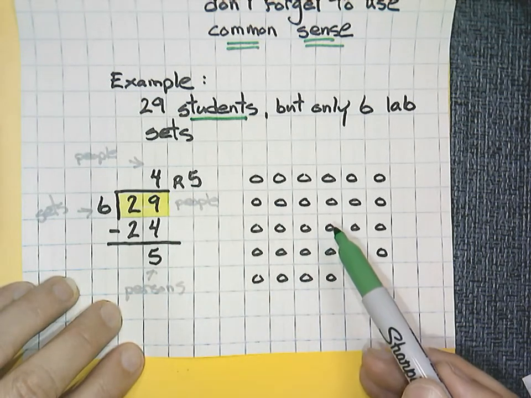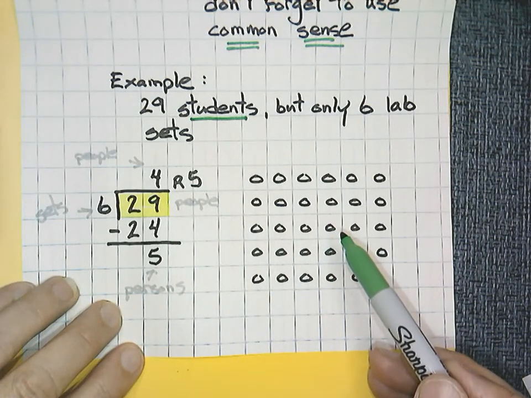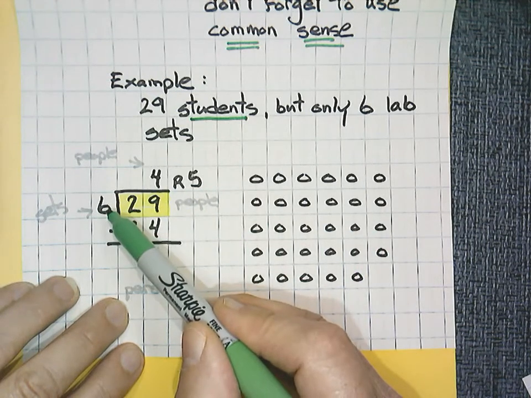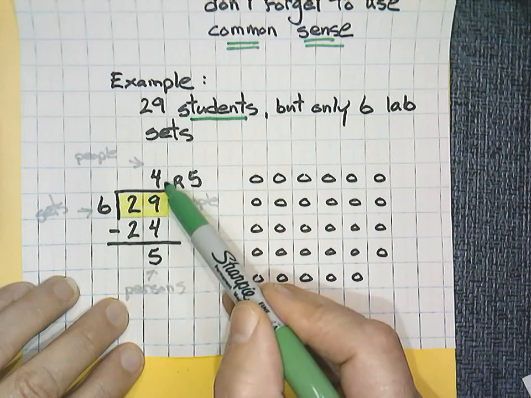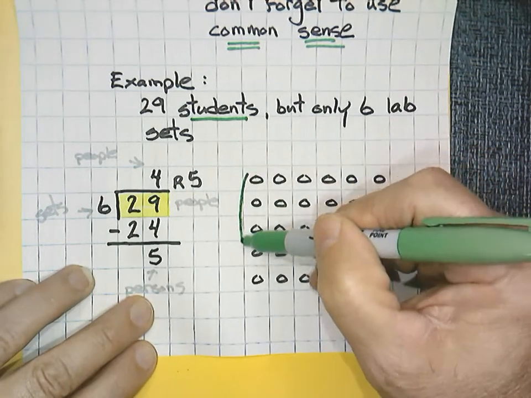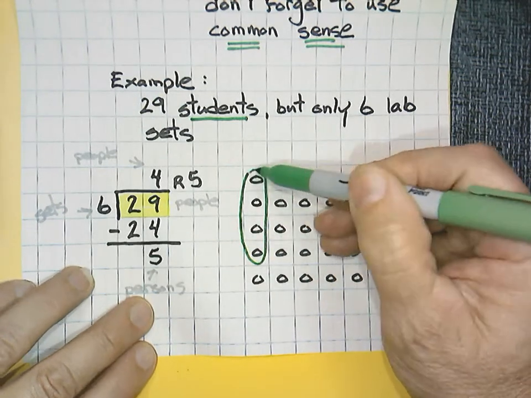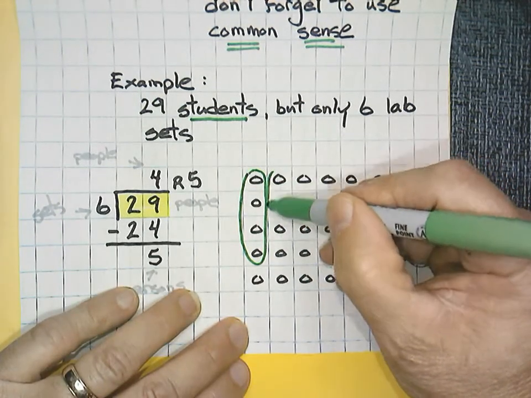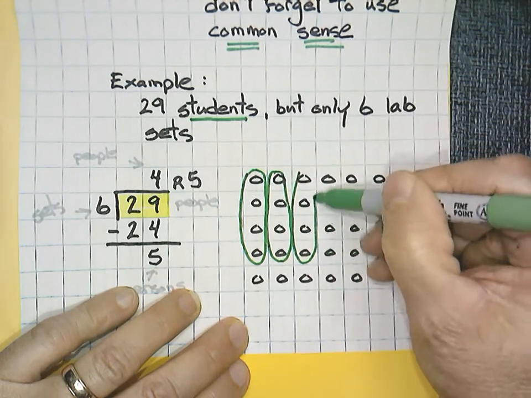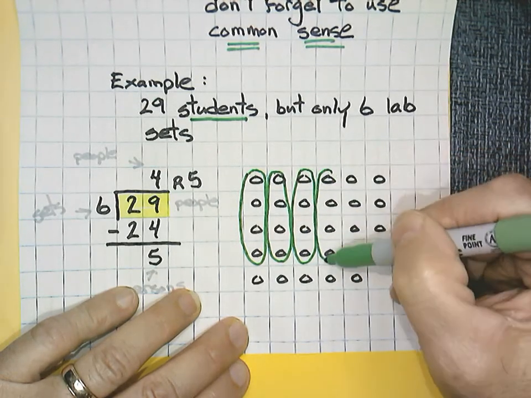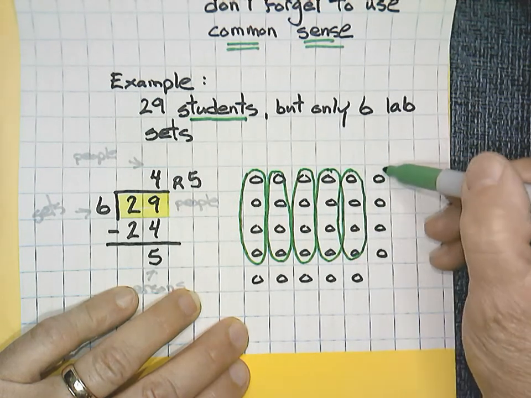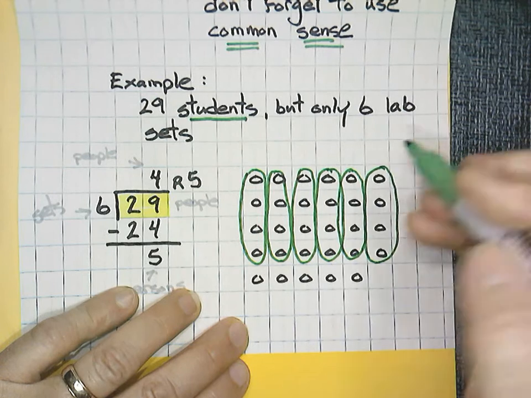Well, I showed that by drawing 29 circles that represent our people, and we determined that we have a total of 6 groups of 4, or 6 sets of 4. And I'm going to show that right here. The second set, the third set, a fourth set, a fifth, and a sixth set.